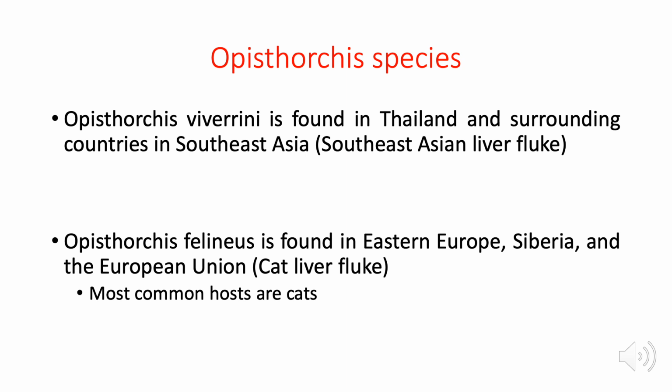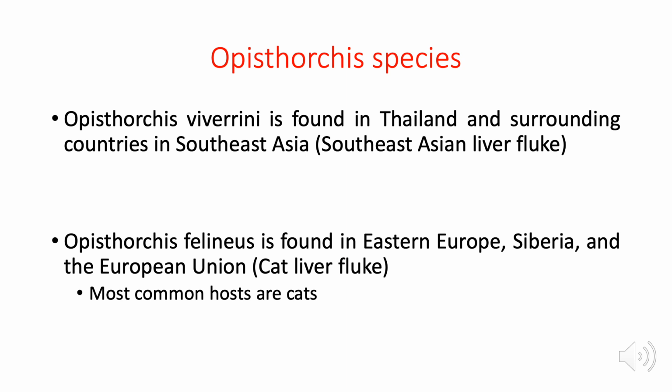There are two species of Opisthorchis. We have Opisthorchis viverrini and Opisthorchis felineus. Infections with Opisthorchis viverrini are found in Thailand and other surrounding countries in Southeast Asia. That's why this parasite is also known as the Southeast Asian liver fluke.